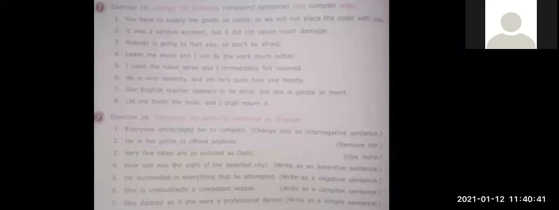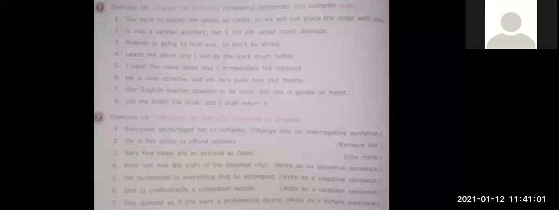If you don't supply the goods on credit. Remove or, because 'or' is used in compound sentences, and the comma will remain there. If you don't supply the goods on credit, we will not place the order with you.